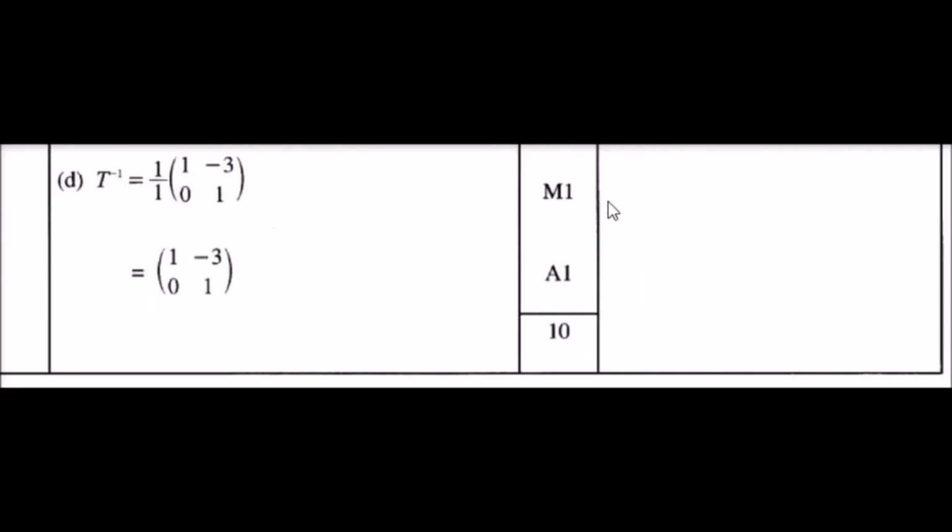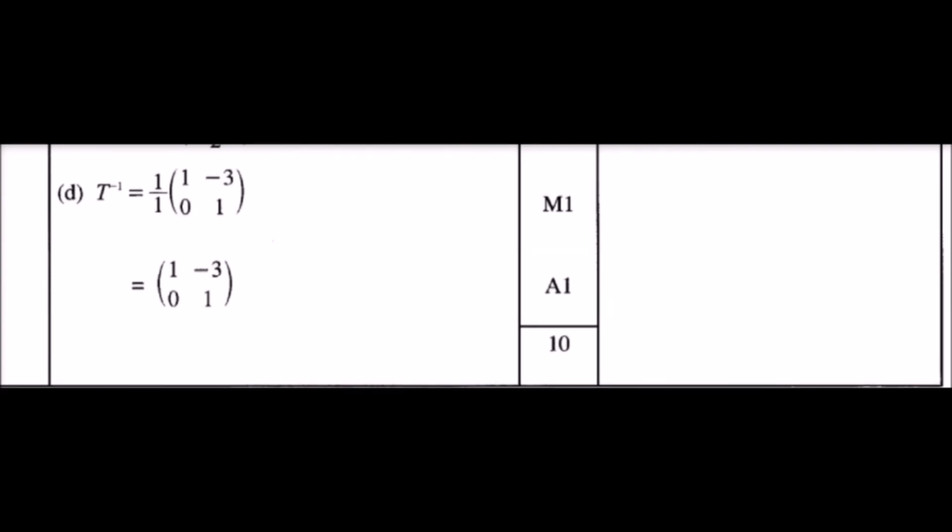Finally, by writing how you get the T inverse, you get a method mark, and you get the answer when you multiply and get the inverse of T, the matrix. You get one answer mark. The total marks add up to 10.